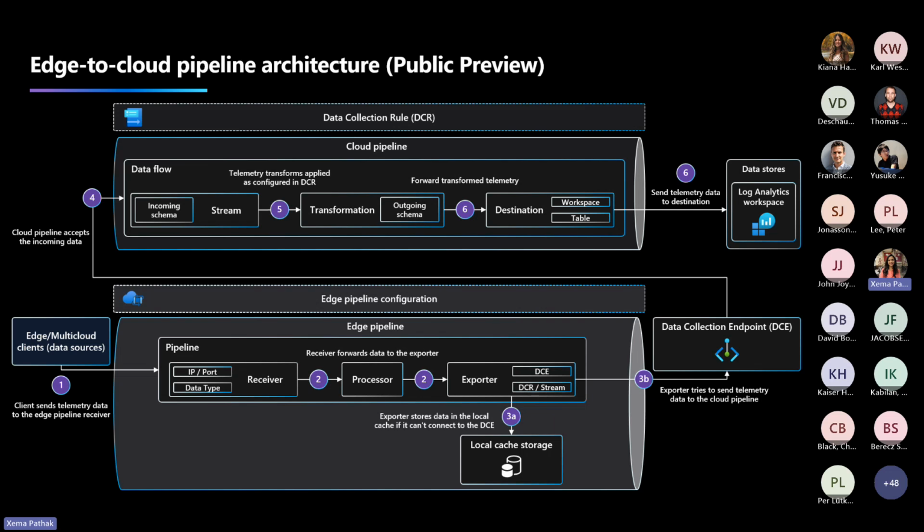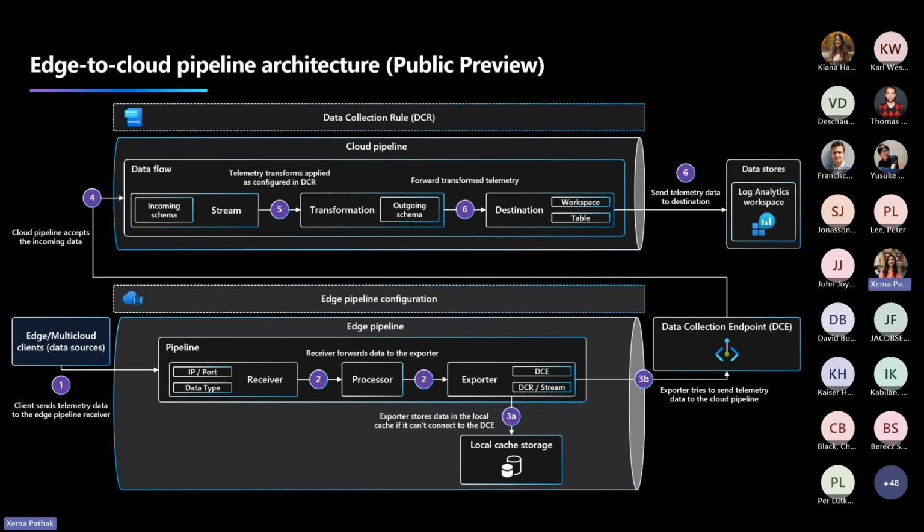All right, so once the data collection endpoint receives the signal that there's incoming data, it'll send it all the way up to the cloud pipeline. And in this cloud pipeline, you can do some more advanced transformation. Here you will receive the syslog.